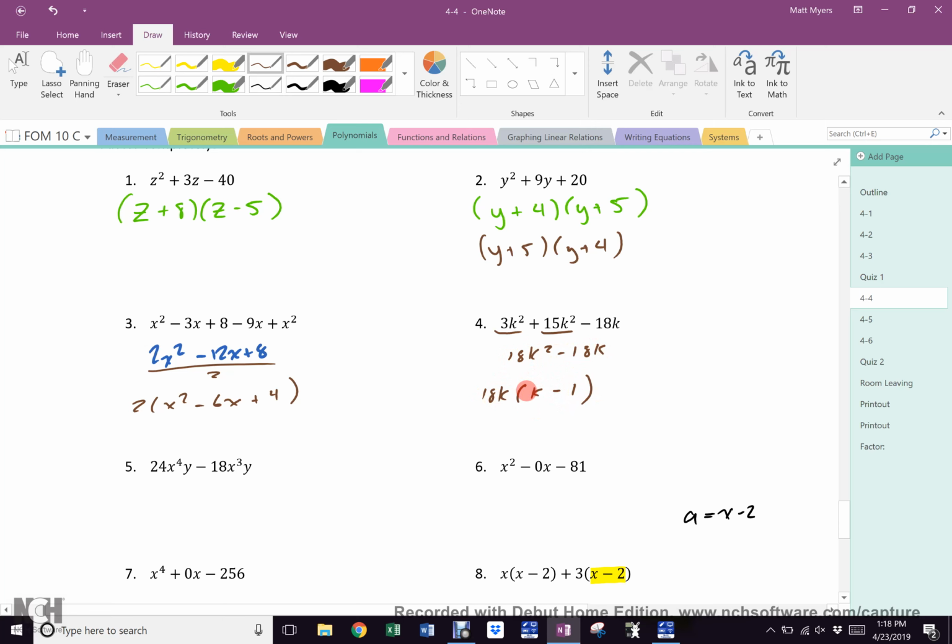Yeah. Okay. You understand that 3k squared and 15k squared is 18k squared, yes? You understand that 18k is the greatest common factor. Then you would divide by the greatest common factor and put the answers in the middle. 18k squared divided by 18k is k. 18k divided by 18k is 1.